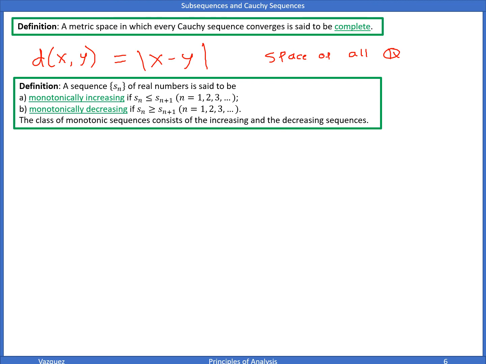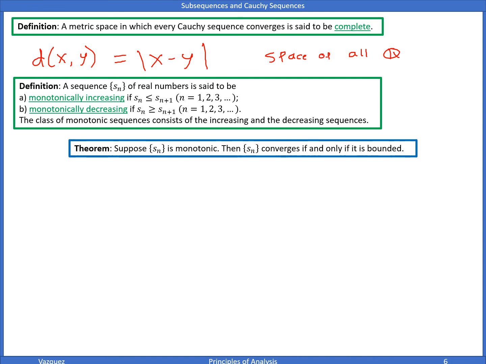Okay, so we have one last theorem before this lecture ends. Suppose S sub n is monotonic. Then S sub n converges if and only if it is bounded. So this is a biconditional proof. One direction is extremely simple. We already know it. We know from last lecture that every convergent sequence is bounded.